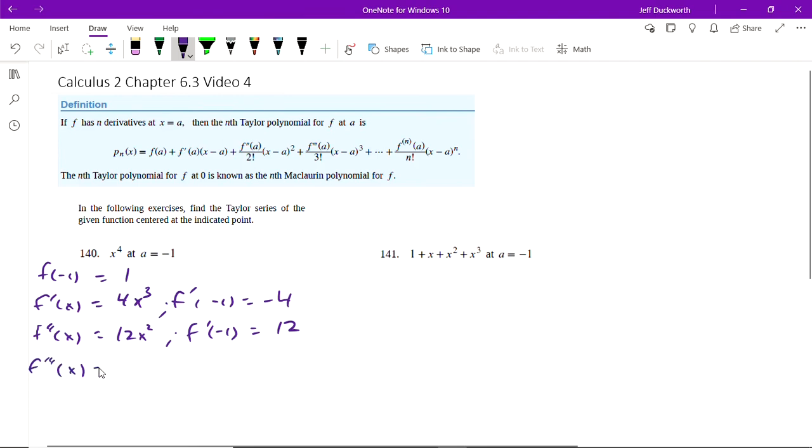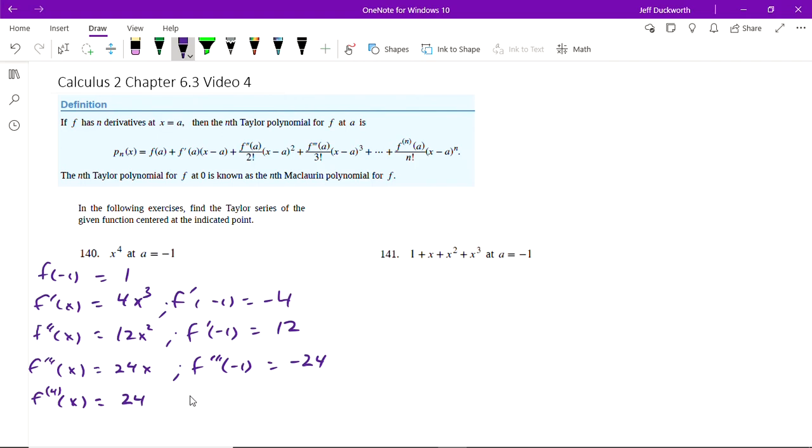Third derivative, 24x, which makes the evaluation at -1 negative, so -24. And finally, the fourth derivative is just 24. And that's what it's going to be.